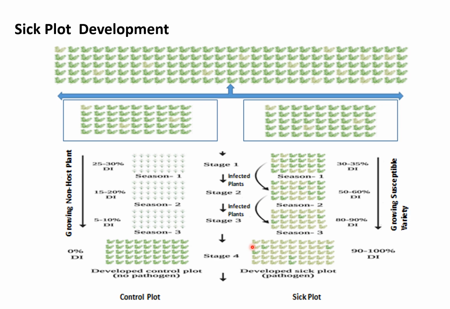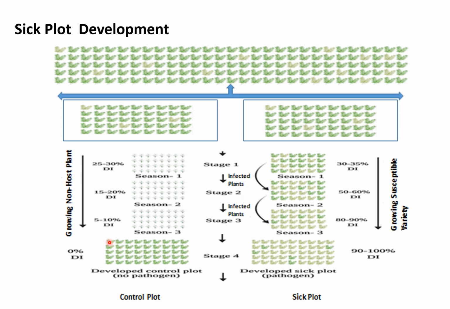For example, if we want to assess the resistance or susceptibility of 4 or 5 or maybe more varieties, we grow them in replicates. And always remember that when we grow varieties whose resistance or susceptibility is unknown, we also need to grow the most susceptible variety along with them, and that susceptible variety acts as a positive control in both plots.